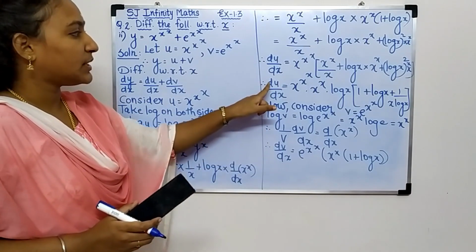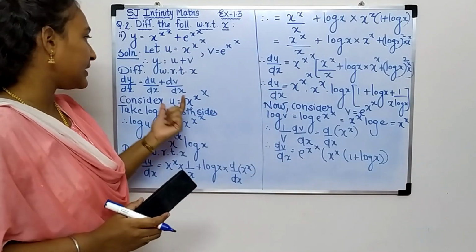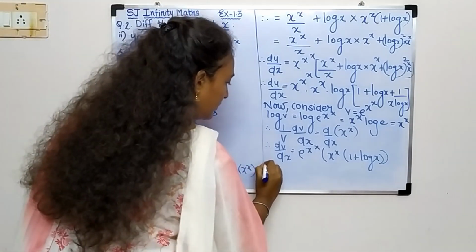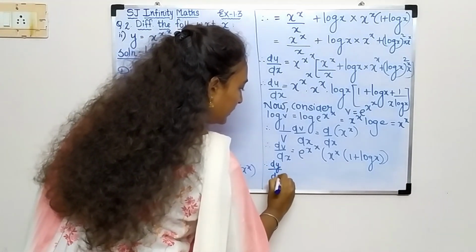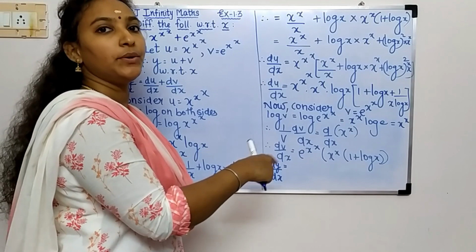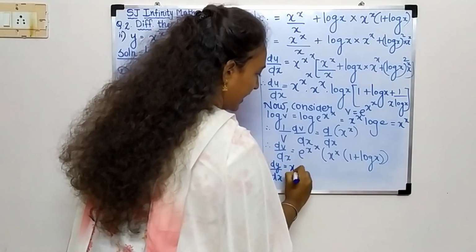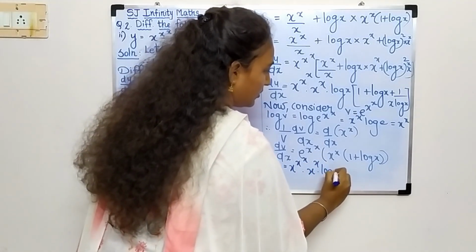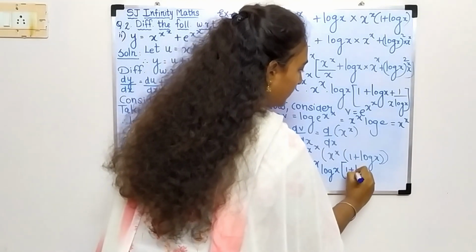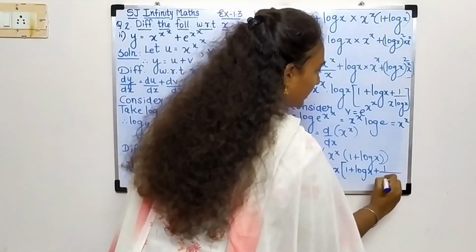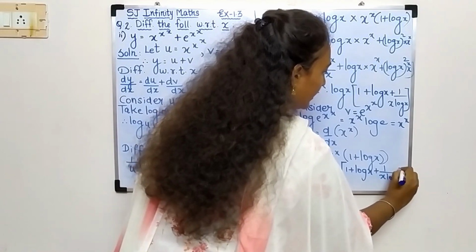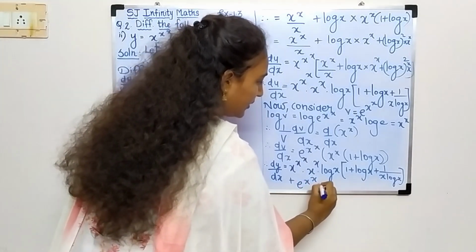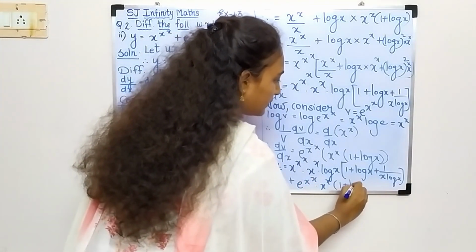See, now you can substitute your du by dx and dv by dx in this equation to get dy by dx. Therefore, dy by dx is equal to, just substitute and add: x raised to x into x raised to x log x times 1 plus log x plus 1 upon x log x, plus e raised to x into x power x into 1 plus log x.